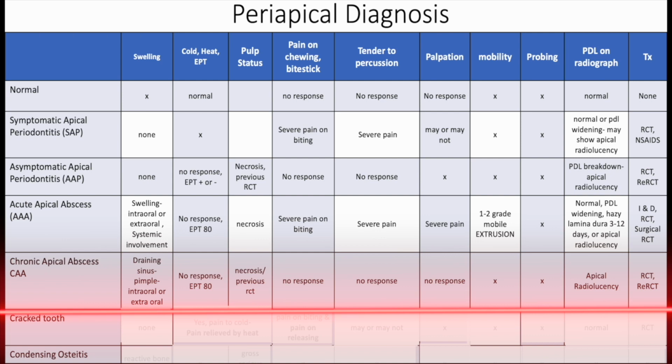If there is no soft tissue pimple visible and you see a very big periapical lesion with epithelial cortication around it, that means it could be a cyst. But here it is definitely a chronic apical abscess, which you can clearly see on the radiograph. The treatment is going to be root canal treatment or a repeat root canal treatment.